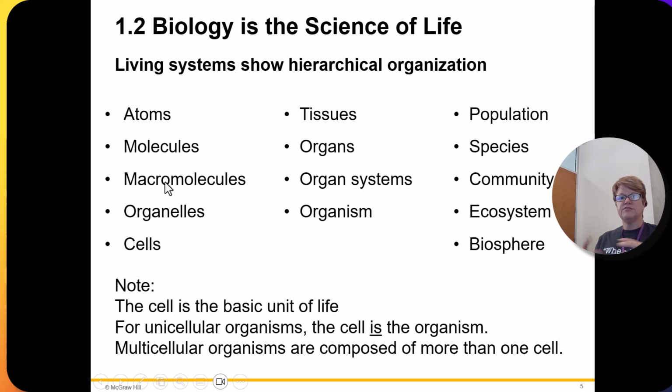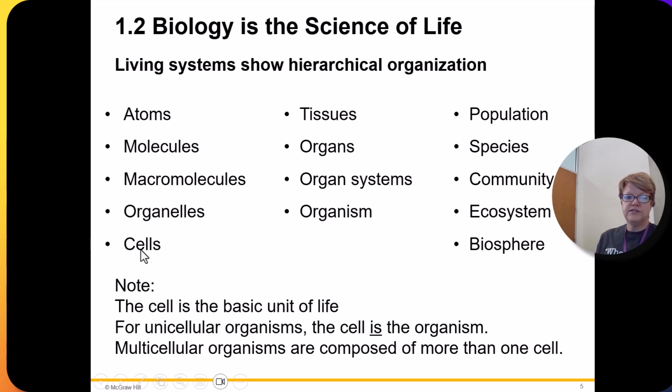Lots of macromolecules come together in a certain way to make organelles. Organelles come together in a certain way to make cells. So it's these levels of structure. We're going to start with atom, and in this course, we're really only going to go to cell. And then we'll talk about things cells do, what their functions are. So structure and function.